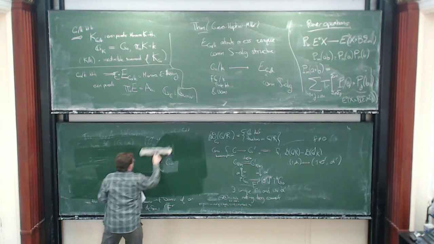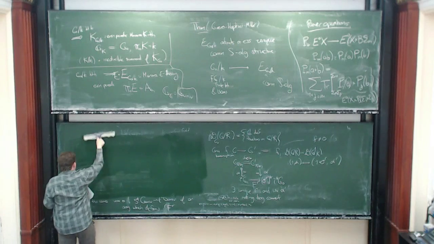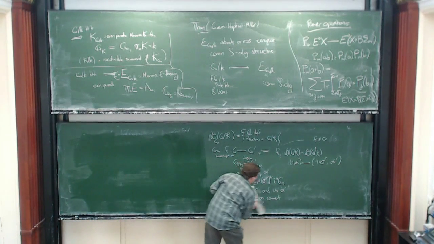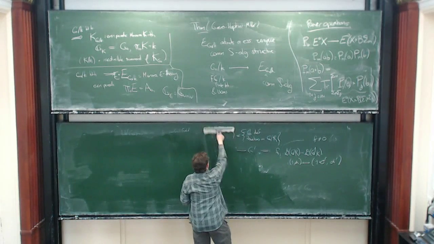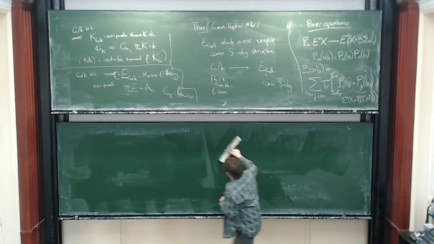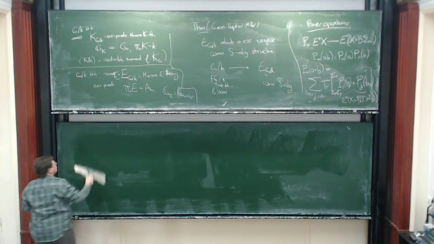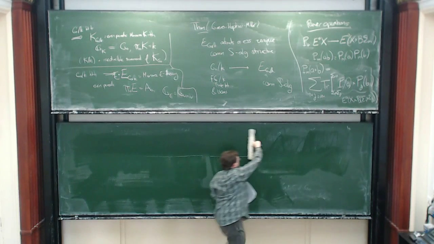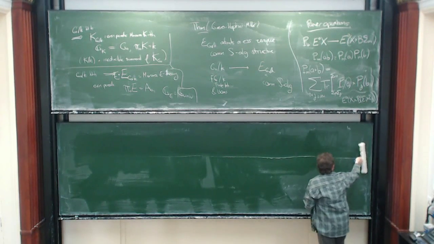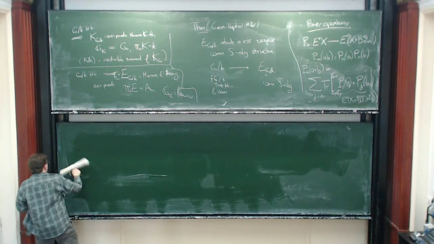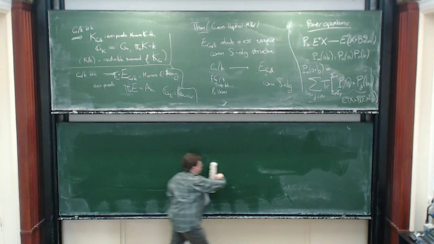OK. So we understand how this fails to be additive. And the idea is that we can just mod out by that failure, and then we're good. So what I'll do is consider an ideal generated by all transfers from all proper subgroups of that form.